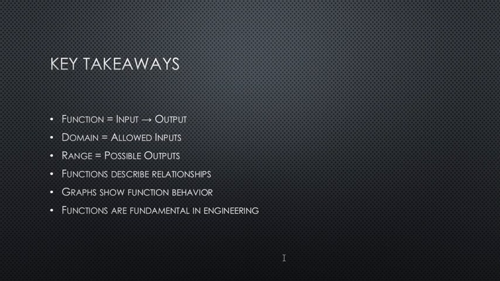We also looked at several common types of functions, including linear, polynomial, exponential, logarithmic, and trigonometric functions. And finally, we saw how functions can describe real engineering quantities such as position and time. These concepts may seem simple, but they are extremely important. Everything we do later in this course will build on this foundation.